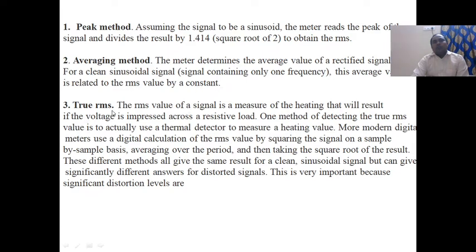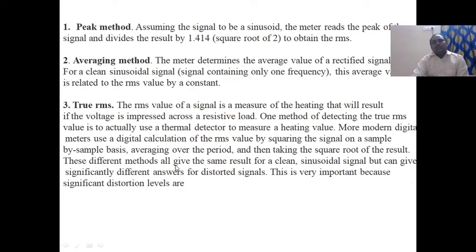Third one is true RMS. The RMS value of a signal is a measure of the heating that will result if the voltage is impressed across a resistive load. One method of detecting the true RMS value is to use a thermal detector to measure the heating value. More modern digital meters use a digital calculation of the RMS value by squaring the signal on a sample by sample basis, averaging over the period and then taking the square root of the result.